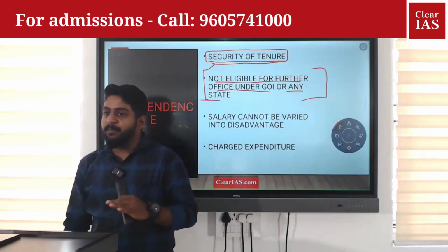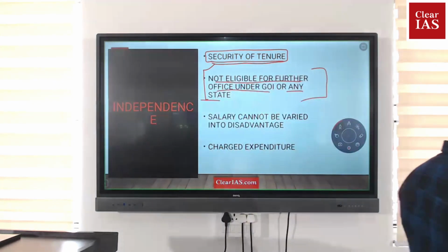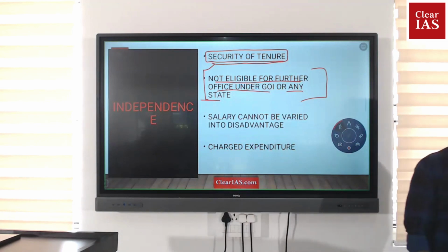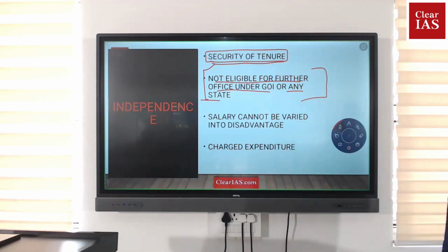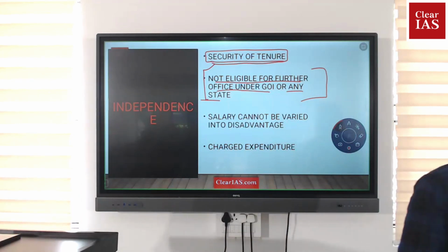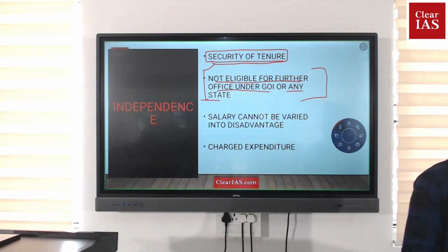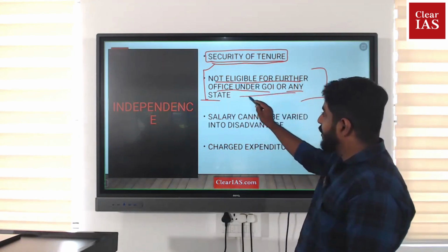You are not supposed to hold any further office of the government of India or the government of any state, because on that expectation, you are not supposed to hide any kind of corruption or discrepancies within your CAG report. Do not hope that you will be given a favor by the government of India. Is it clear? Fine.